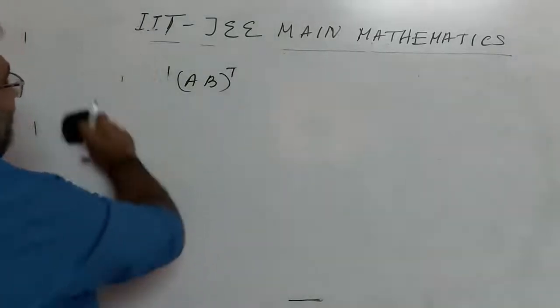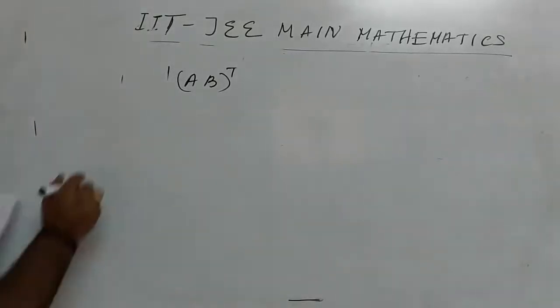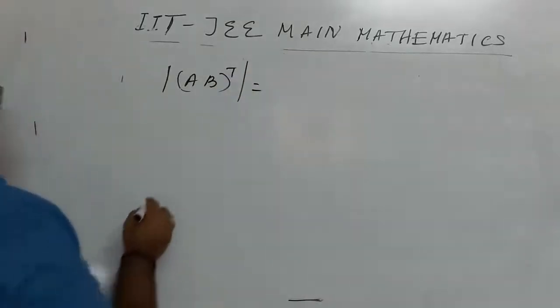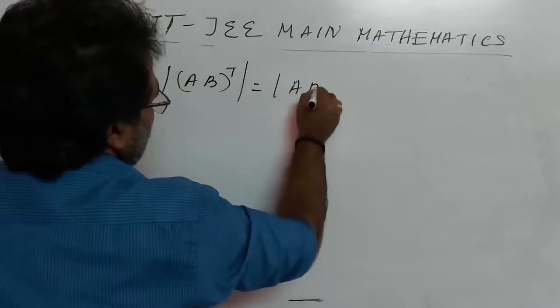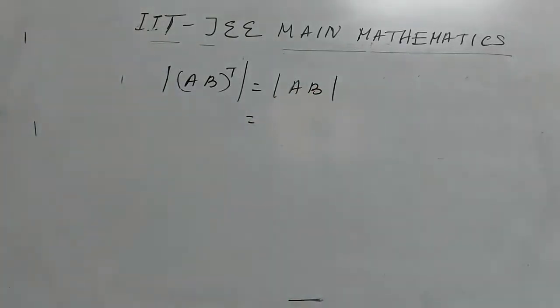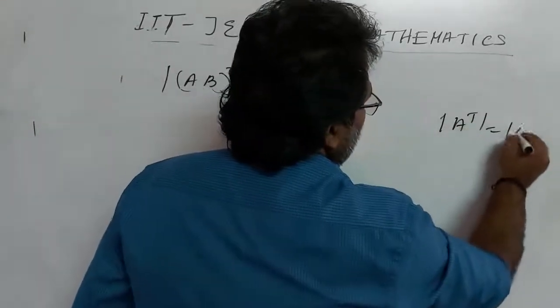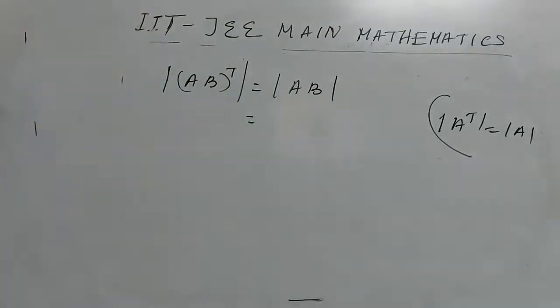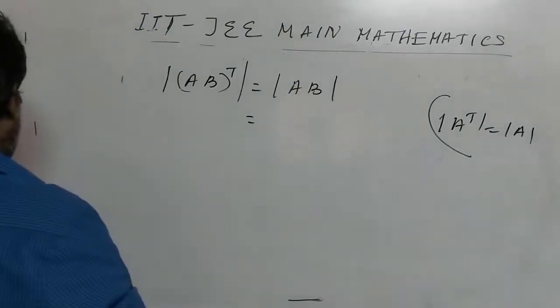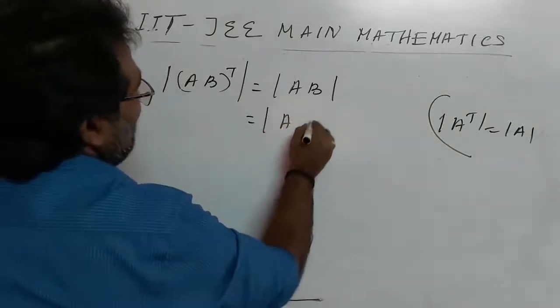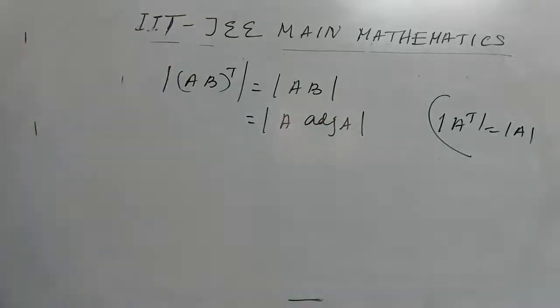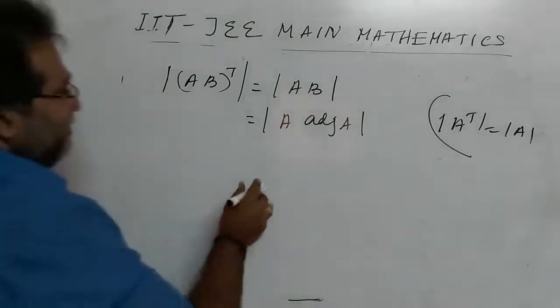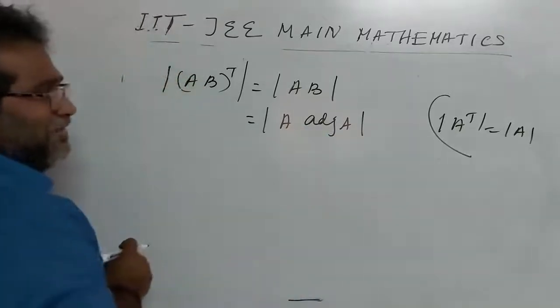First I find determinant AB transpose, which is nothing but equal to determinant AB, since determinant A transpose equals determinant A. It is given that B is adjoint of A. A is one matrix, adjoint of A is another matrix.